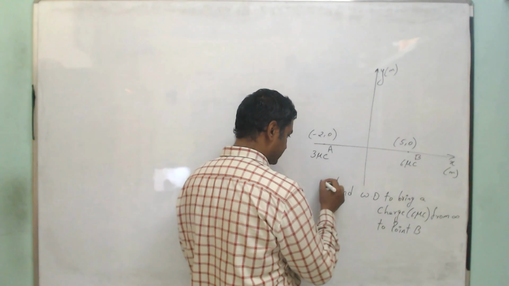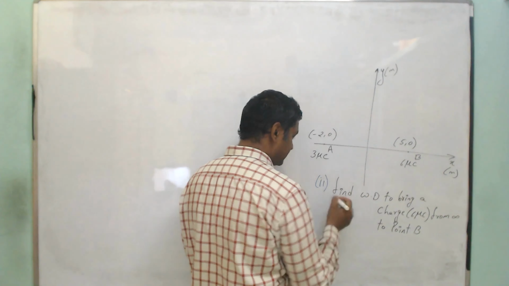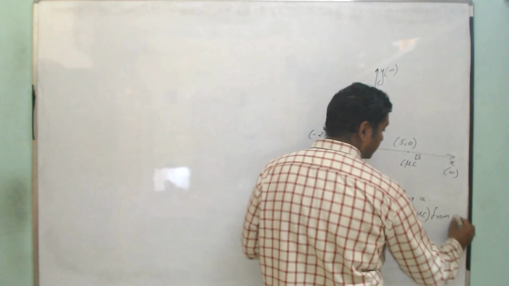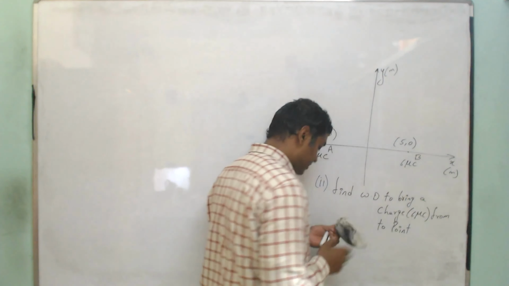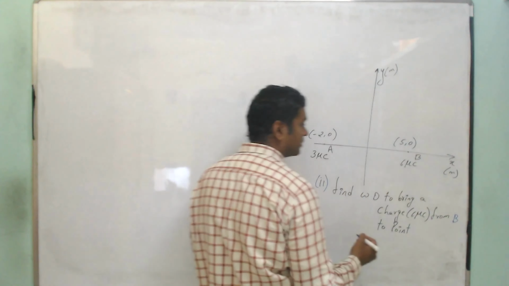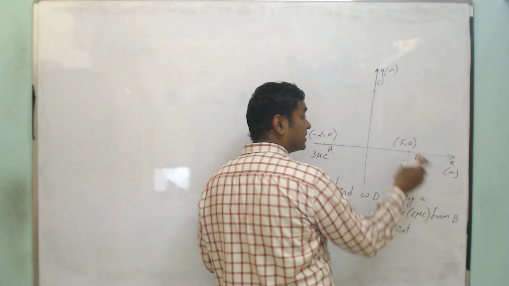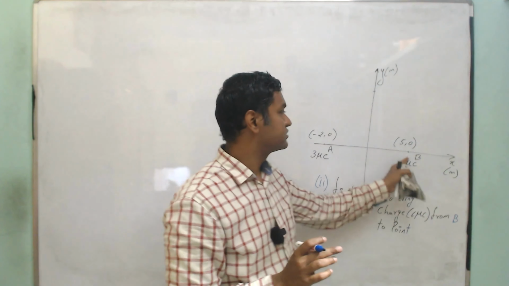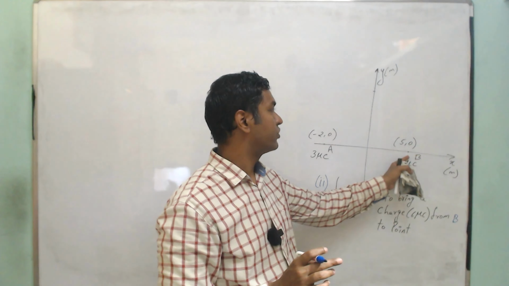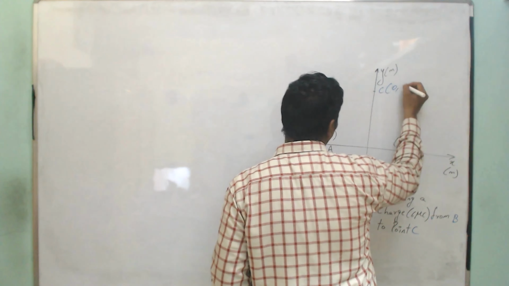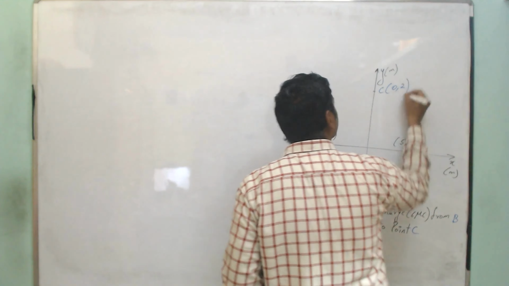So, next question is find work done to bring a charge 6 microcoulomb from point B to a point. So I'm bringing this charge only, not any new charge. Same 6 microcoulomb I am bringing from point B to point C, and point C has coordinates 0 comma 2.